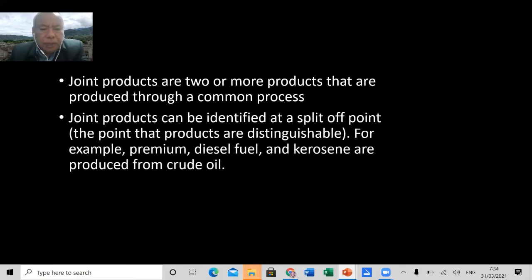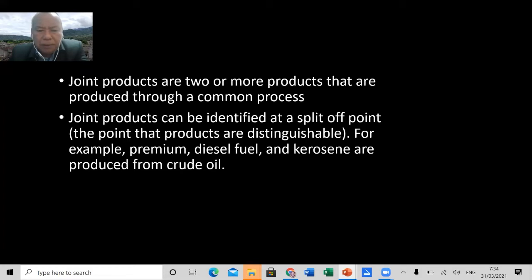So joint products can be identified at a split-off point. What does split-off point mean? It is the point at which the products are distinguishable, or identifiable.